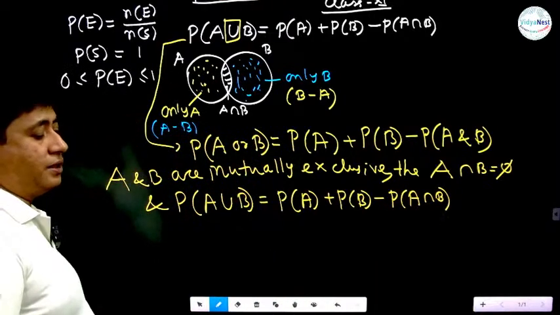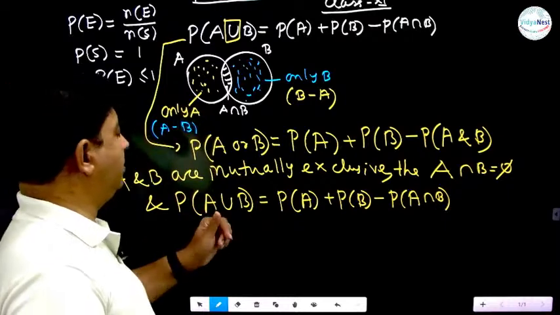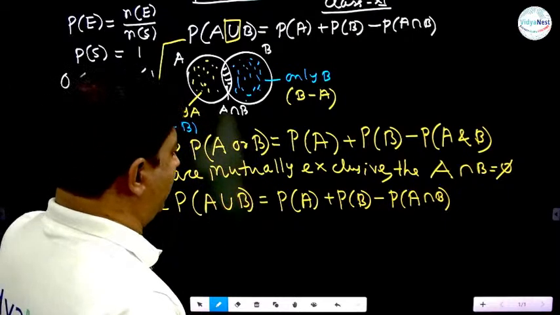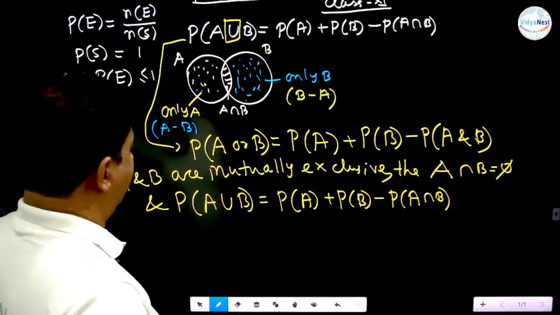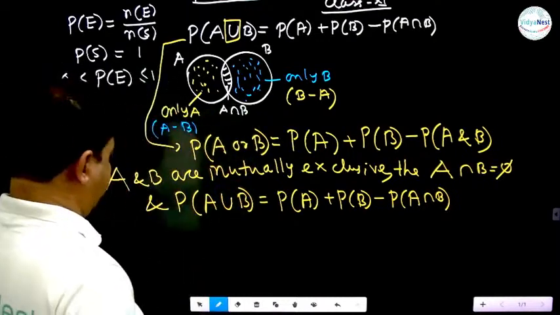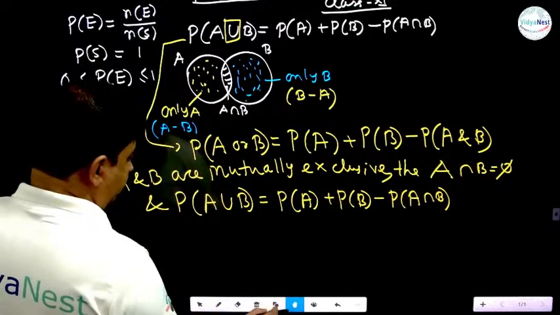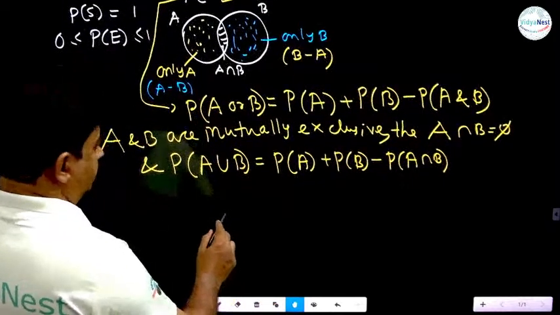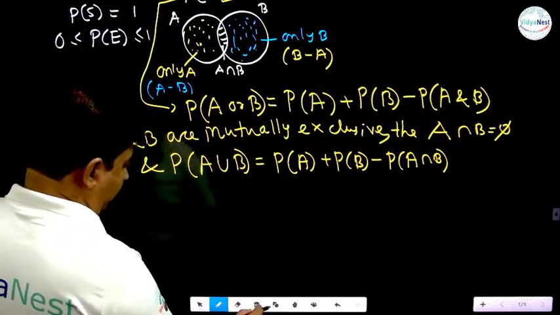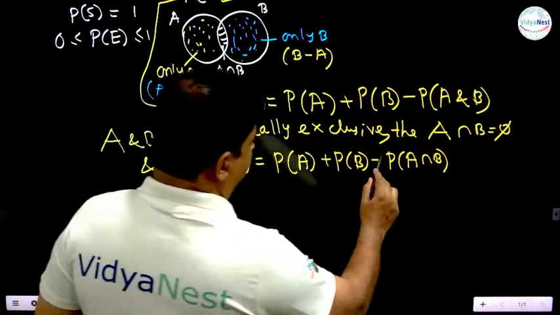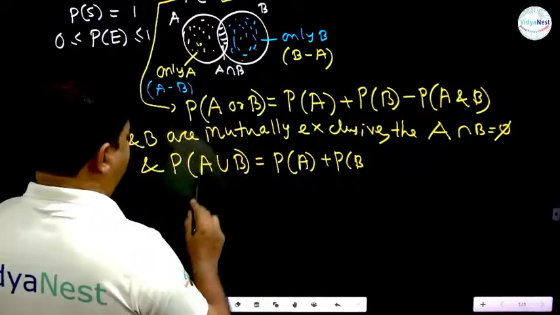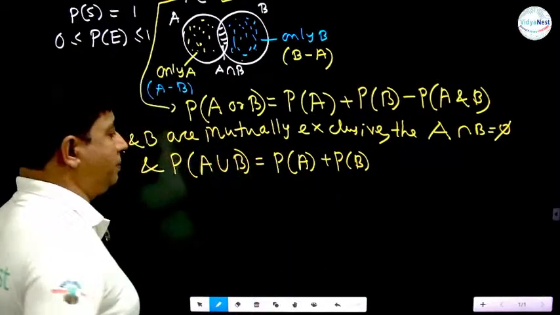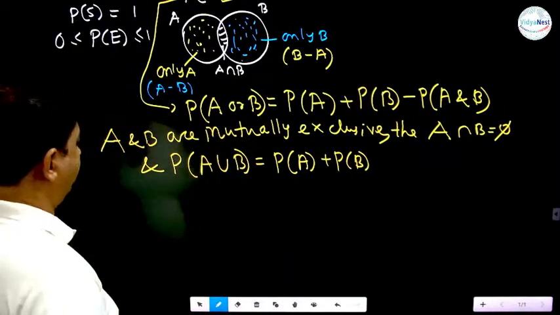P(A union B) is P(A) plus P(B) minus P(A intersection B). Now, in case of mutual exclusiveness, P(A union B) will be only P(A) plus P(B).